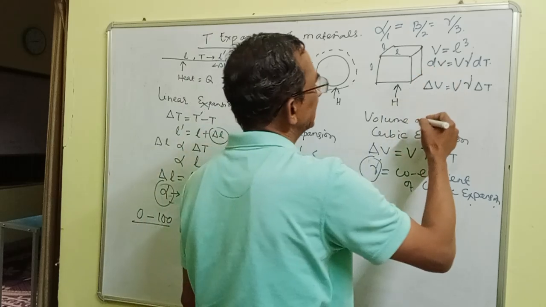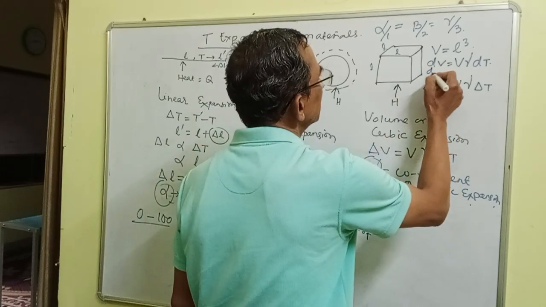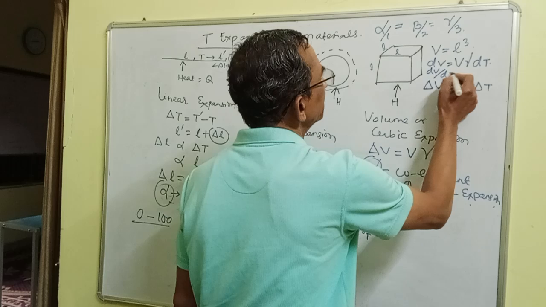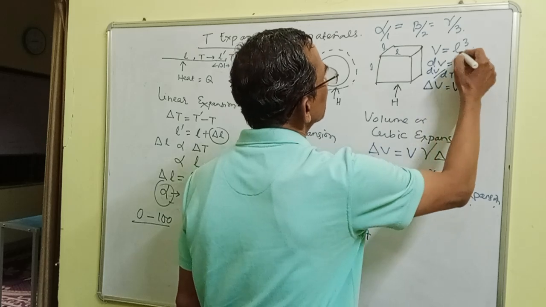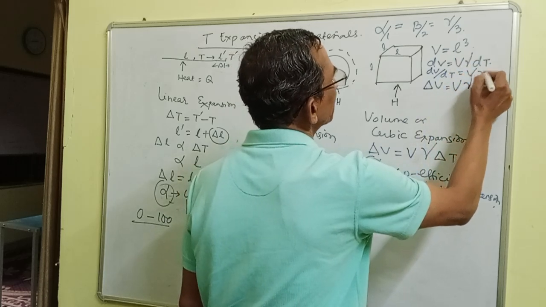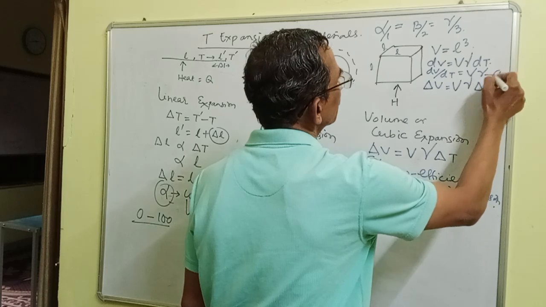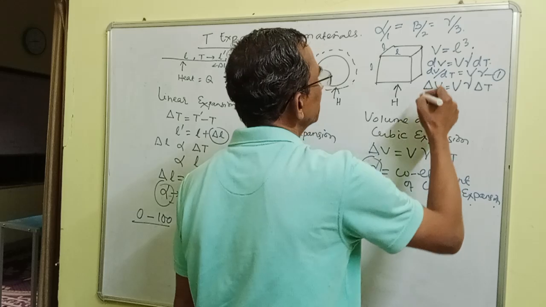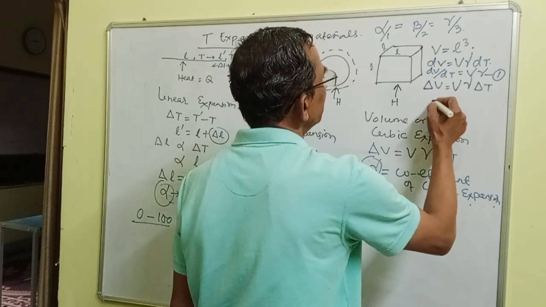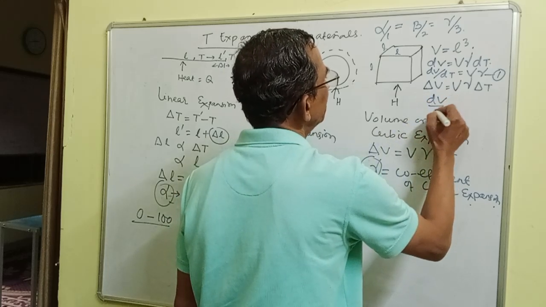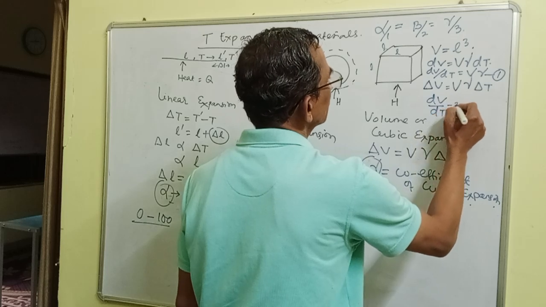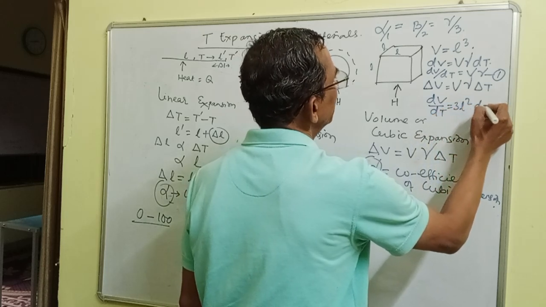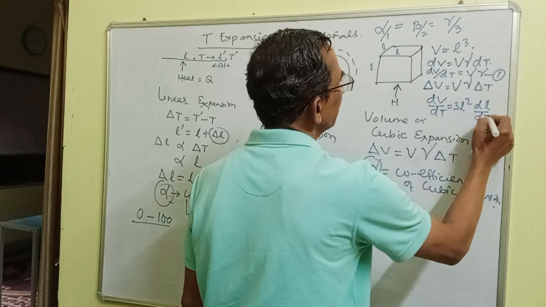Now dV by dt is V gamma, equation 1. Again, if we differentiate this V, we find dV by dt is equal to 3L square dL by dt.